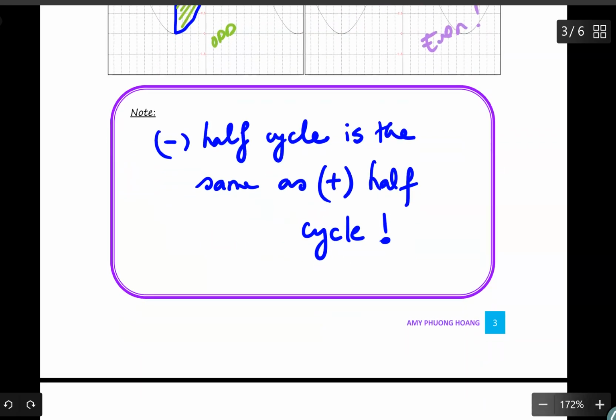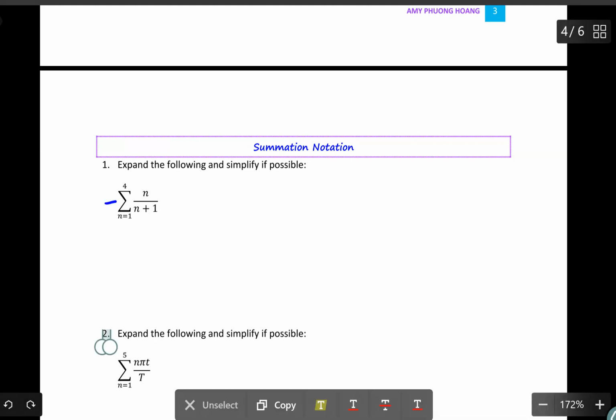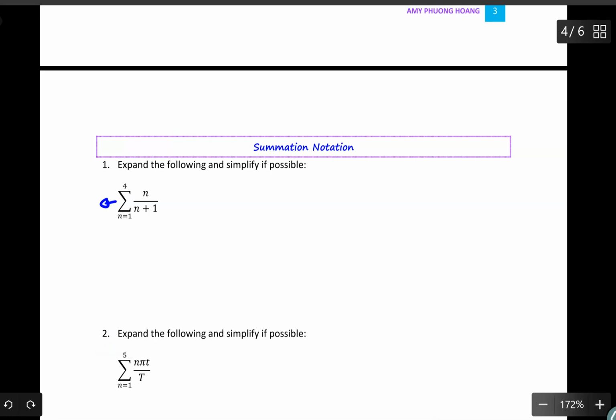All right. So let's move on to our summation notation. Working with summation notation is just something new, and it's just a shortcut representing that you have to add something together. That's why it's called summation. If I have this notation right here, it's called the summation.